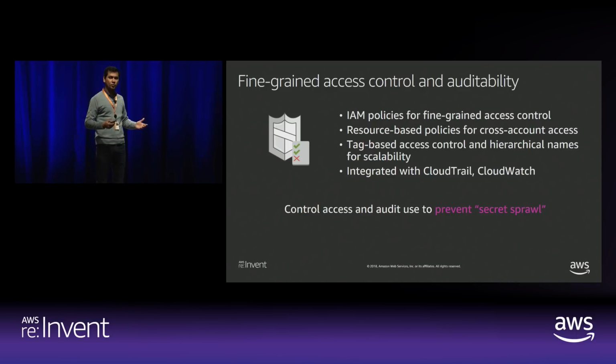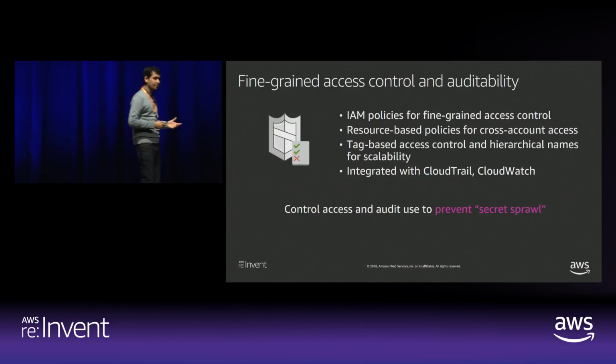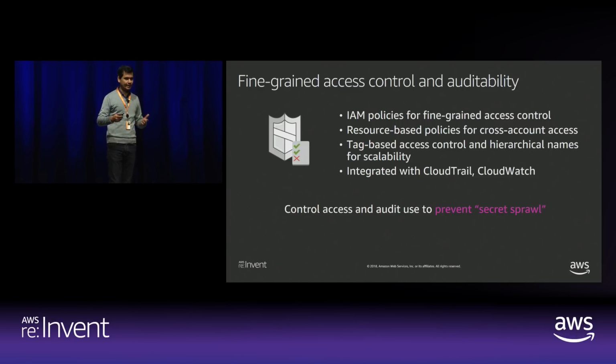So we spoke about storage. Let me now speak about access control. Secrets Manager offers a variety of tools that enable you to tightly control who can do what with your secrets. Of course, we offer IAM policies. Now, I'm sure you're already familiar. IAM policies are super fine-grained.